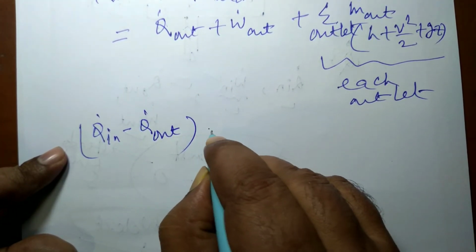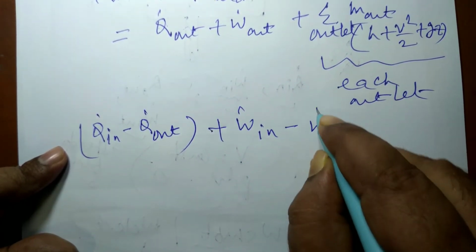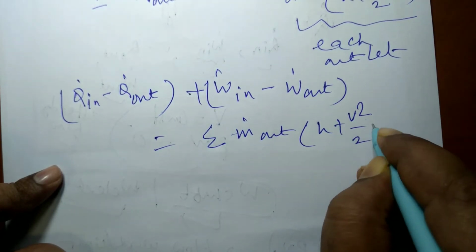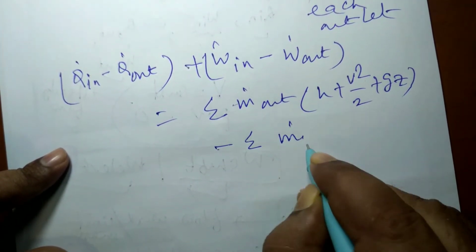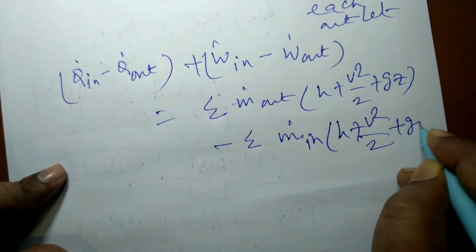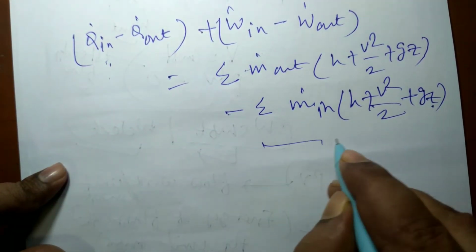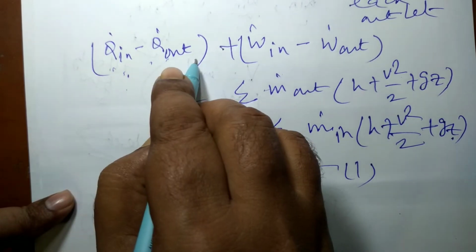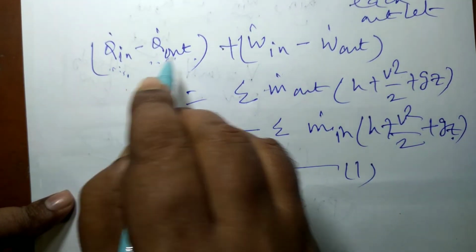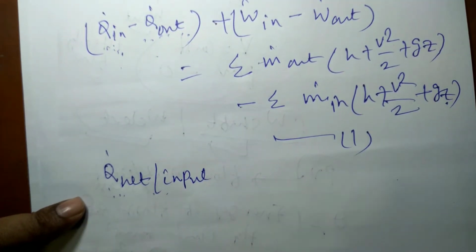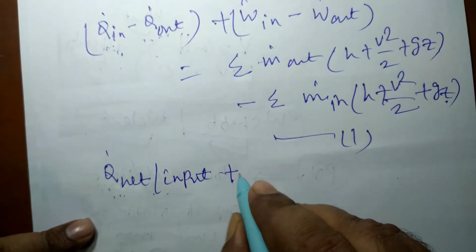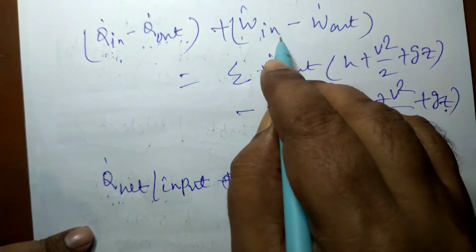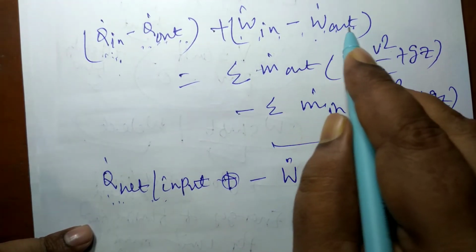I can write this like this: plus W dot in minus W dot out equal to sigma (h plus V square by 2 plus gz) minus the inlet terms. So I can write this as Q dot net input, Q dot in minus Q dot out, heat added minus heat rejected, that results in net heat input into the control volume, plus, minus of W dot out minus W dot in.